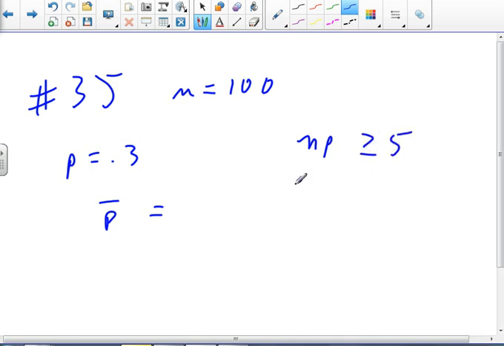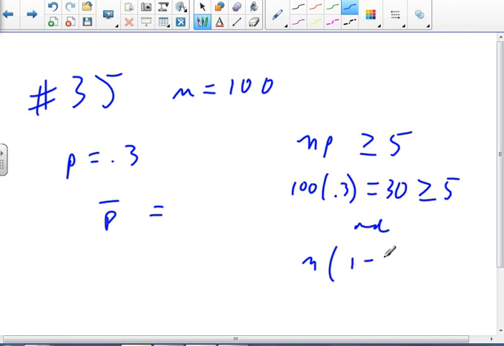So np, 100 times 0.3 is 30, which is greater than or equal to 5. And we have to have n times 1 minus p greater than or equal to 5. 100 times 0.7, which is 70, is also greater than or equal to 5.